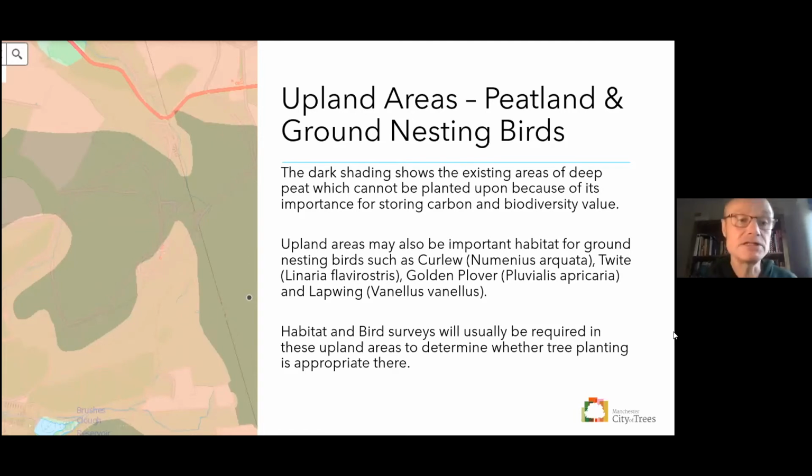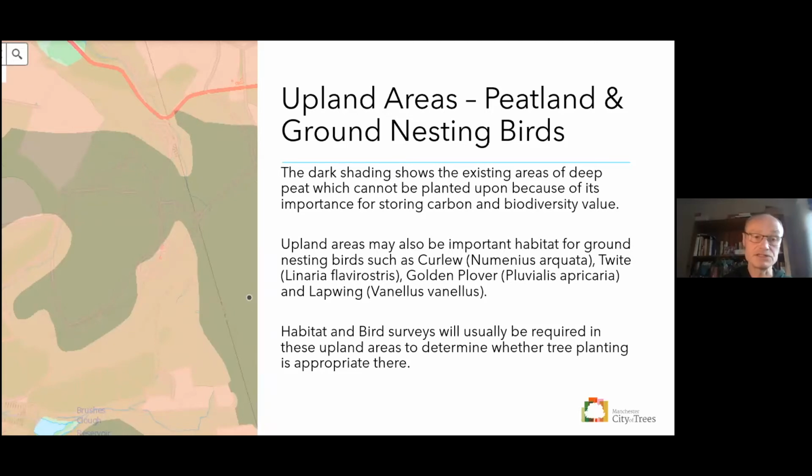This map here just shows you an example of the sorts of things that are available on the mapping websites to show where existing habitats exist. In this instance, the dark spaces are peatland and moorland areas that are associated with ground nesting birds such as curlew and golden plover.